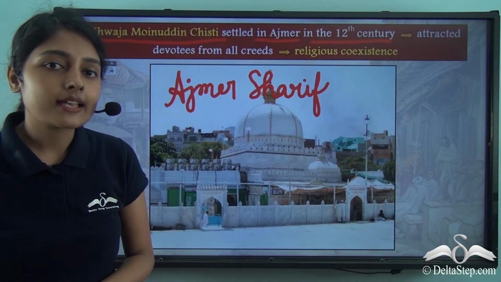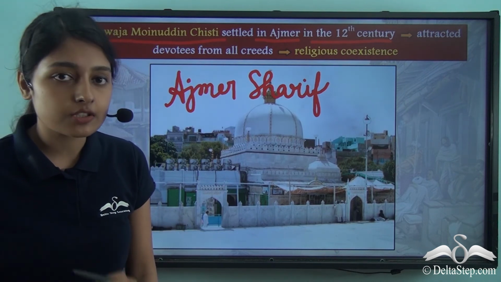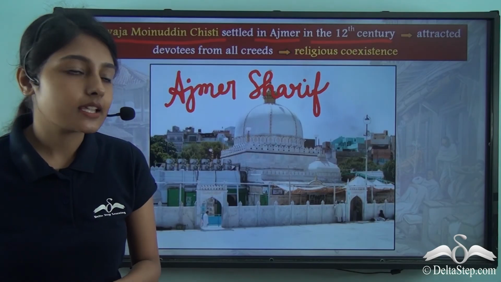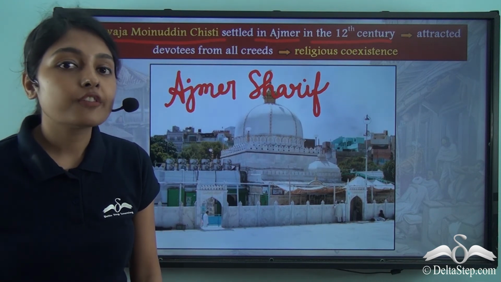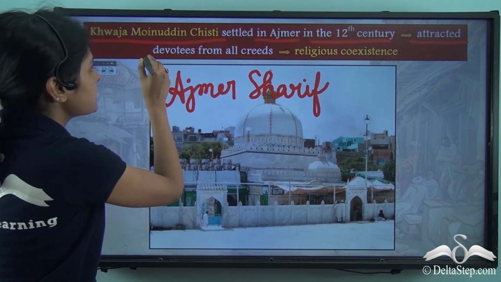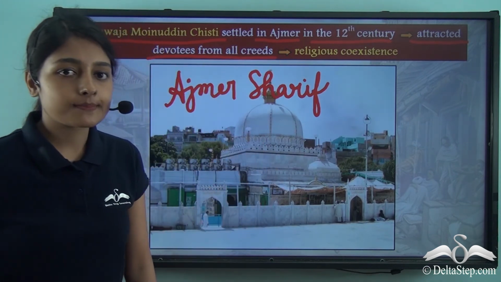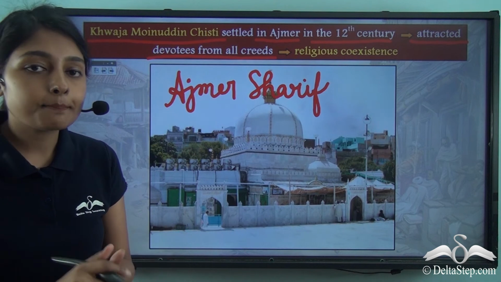Now this dargah has been important in the pages of history for a very pivotal reason. This is because this dargah, Ajmer Sharif, in spite of being a shrine of a Muslim Sufi saint, attracted devotees from all creeds. So previously all this while we have been talking about temple towns.